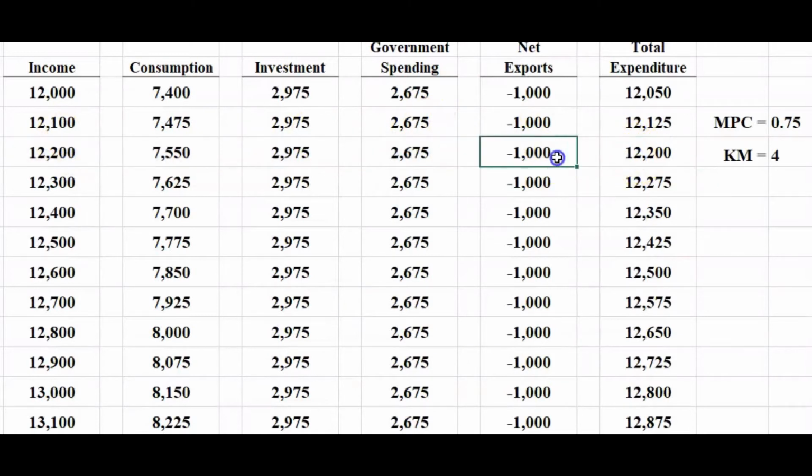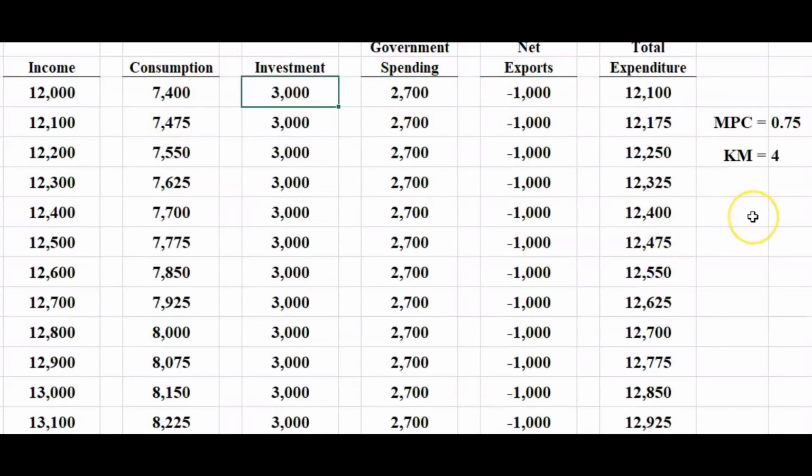So the adjustment in investment, government spending, or net exports could actually be a combined adjustment. You can do some of it from investment, some of it from government spending, and maybe even some of it from net exports. I just wanted to make sure that you understood how to calculate what the adjustment would need to be in order to get a GDP number that you want.